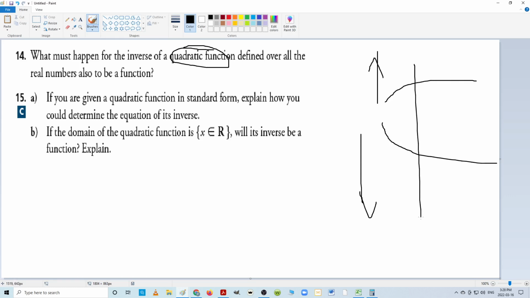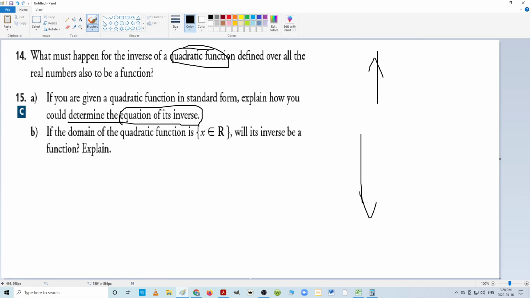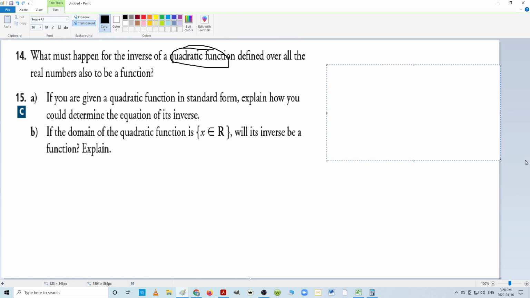But as soon as you get two lines like that, it fails the vertical line test. If you're given a quadratic function in standard form, explain how you determine the equation of its inverse. In standard form, that's actually a really good question. I think I'd have to complete the square, and then I'd have to inverse the process.